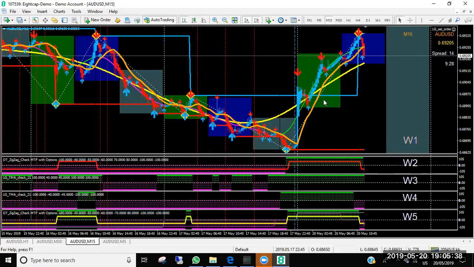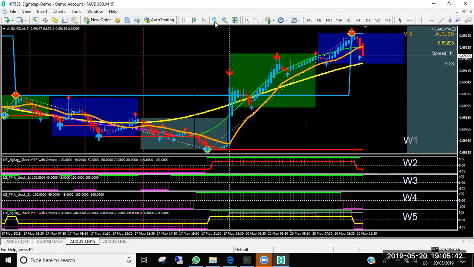Okay, so you can see that the news of the voting's done. Okay, so when a country is in the middle of doing votes, whoever's going to win the election isn't known yet, so the market is basically waiting for that.